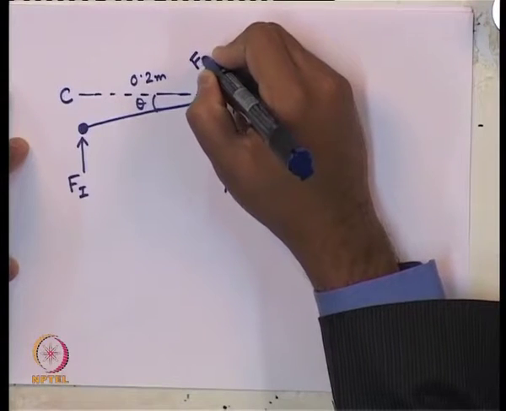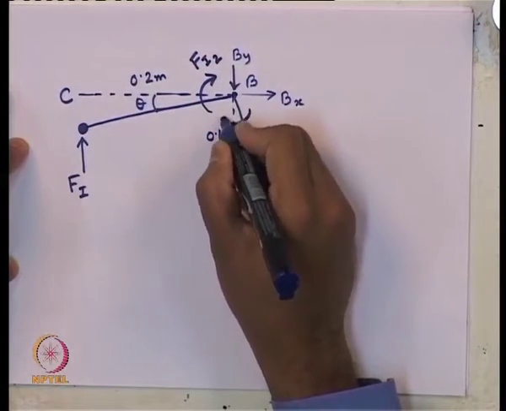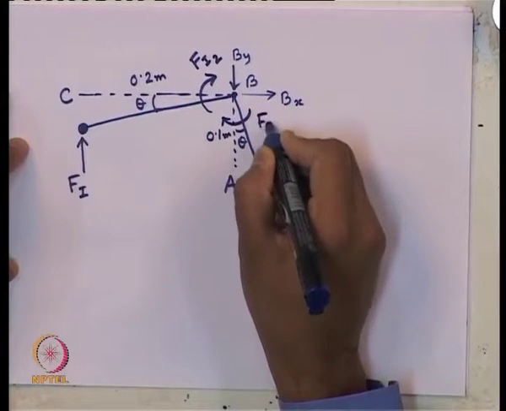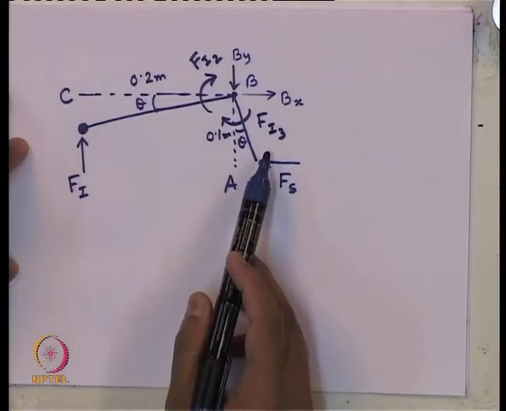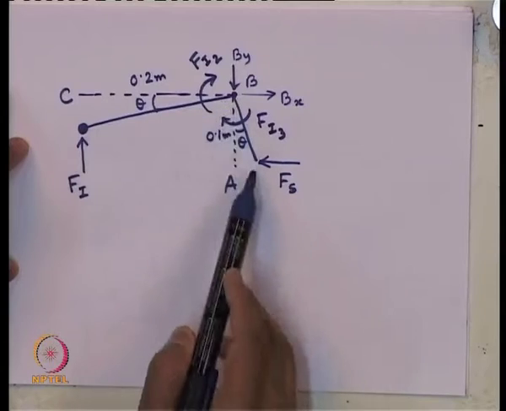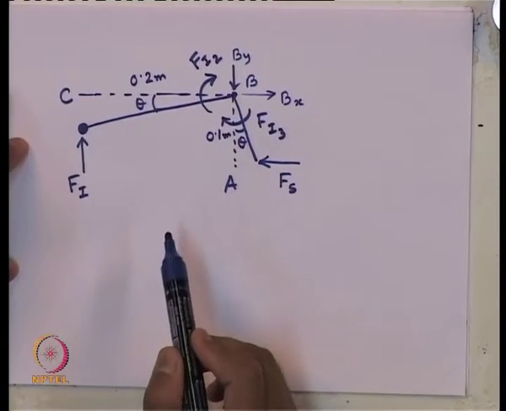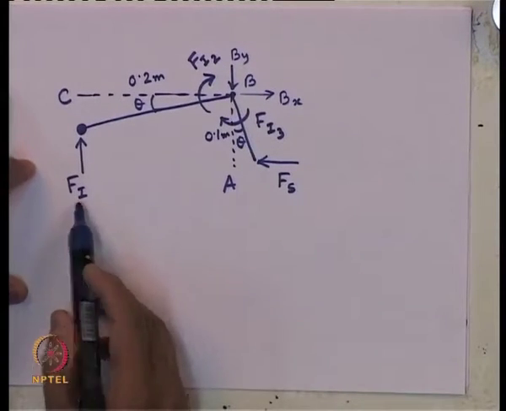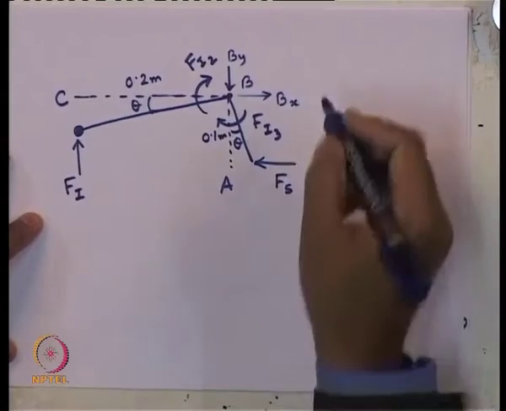Say F I 2, and this will be again another F I 3. These F I 2 and F I 3 are arising because of the mass of this rod B C and A B. Now, this F I and F S, we know their values, we have already computed.